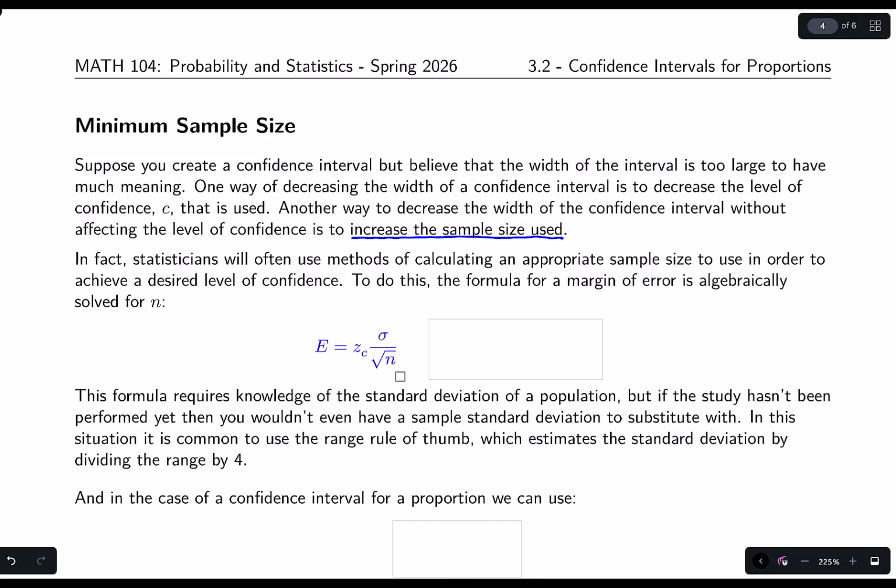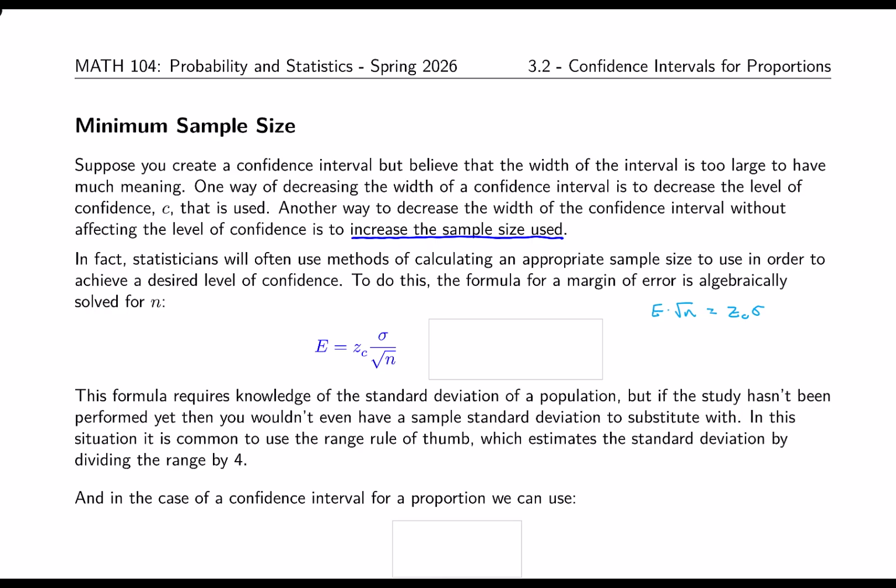If you algebraically manipulate this and solve it for n, so for instance, if you multiply both sides by the square root of n, you would have e times the square root of n equals z sub c times sigma.